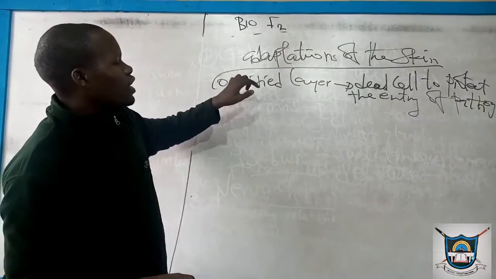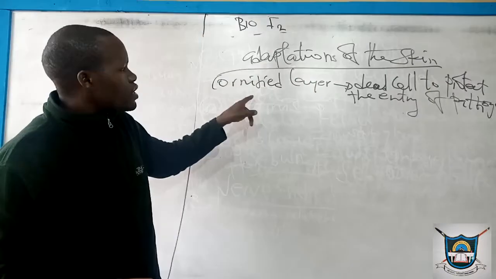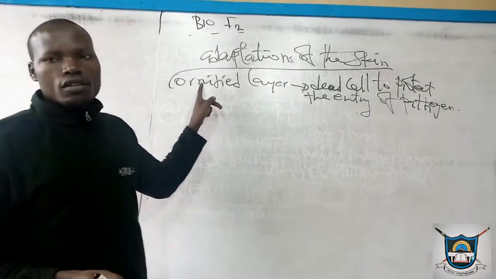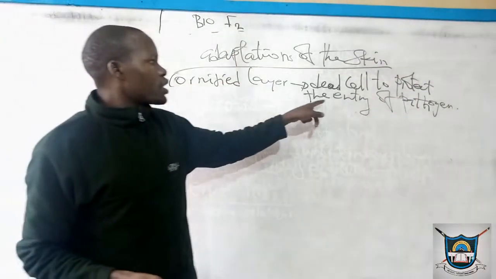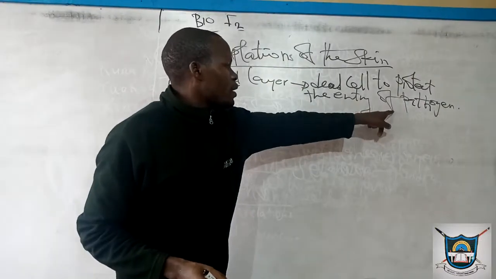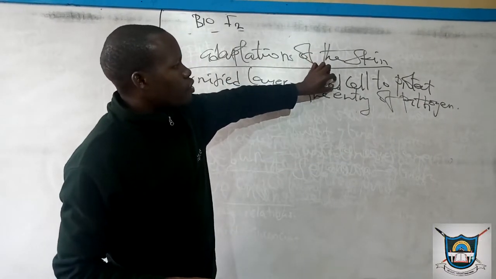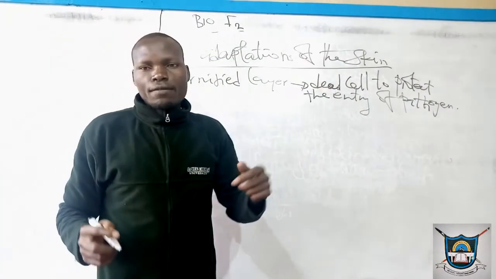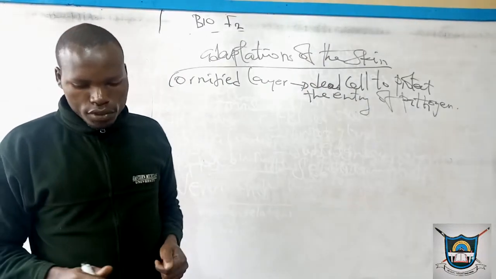Now this is an adaptation. It is within this cornified layer that the dead cells form a very hard layer along the skin, which enables it to protect against the entry of the pathogens.